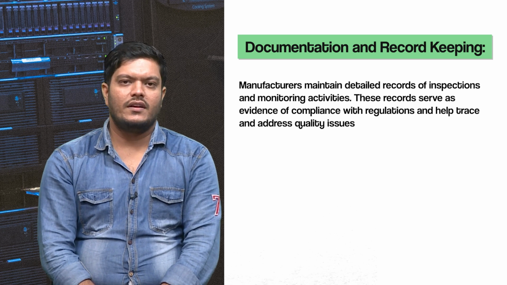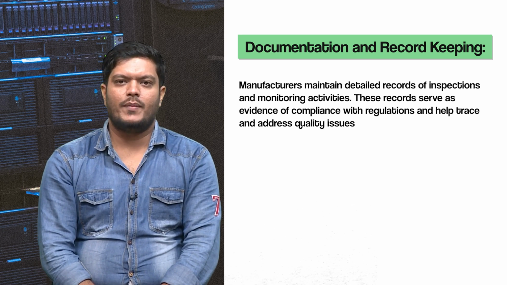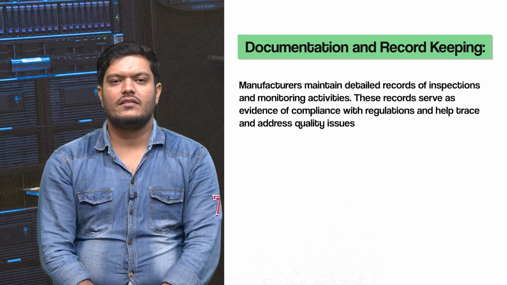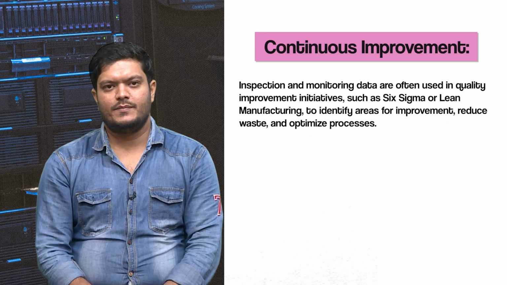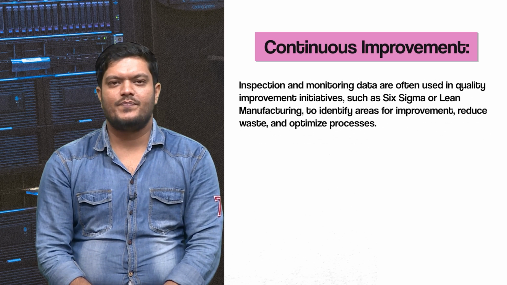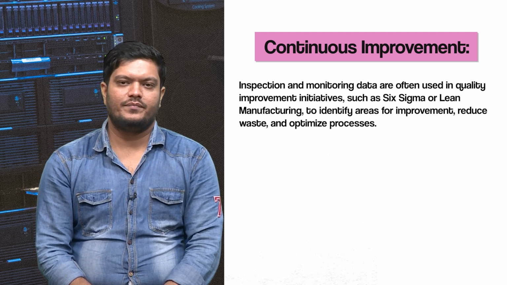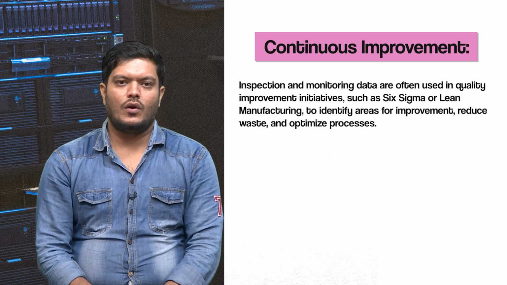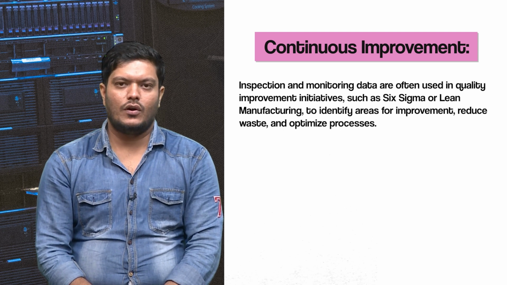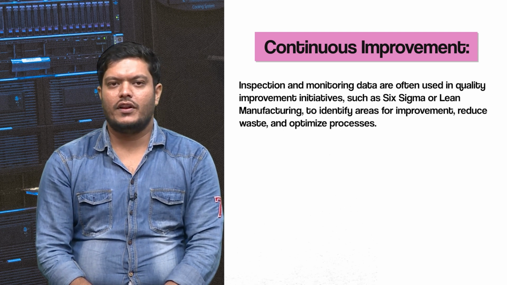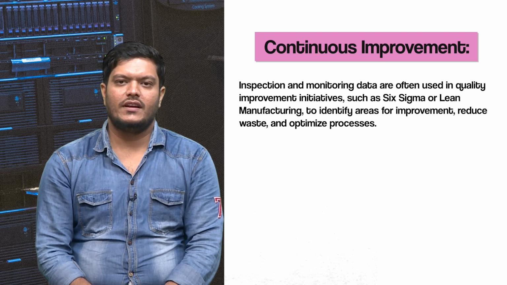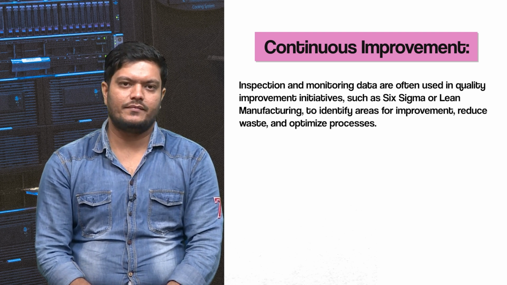These records serve as evidence of compliance with regulations and help trace and address quality issues. Continuous improvement. Inspection and monitoring data are often used in quality improvement activities such as Six Sigma or lean manufacturing, to identify areas for improvement, reduce waste, and optimize processes.